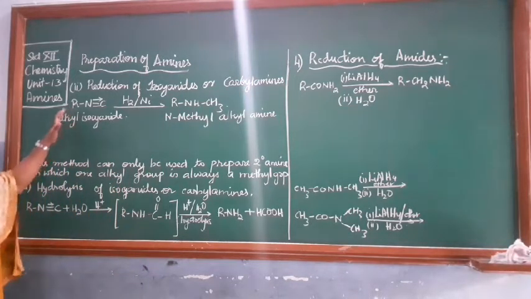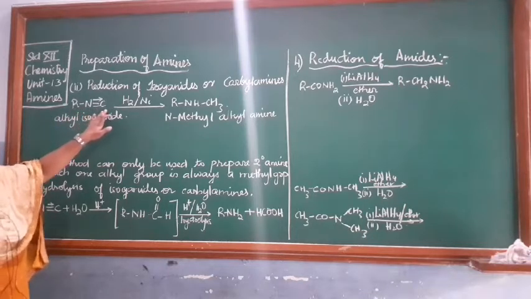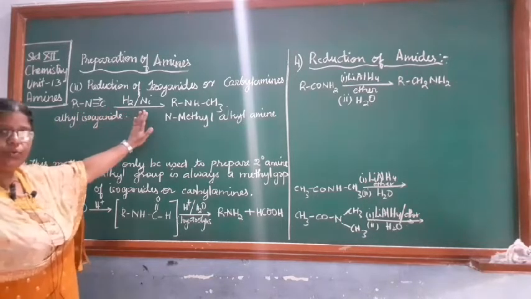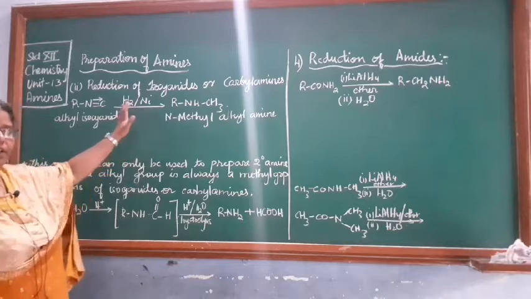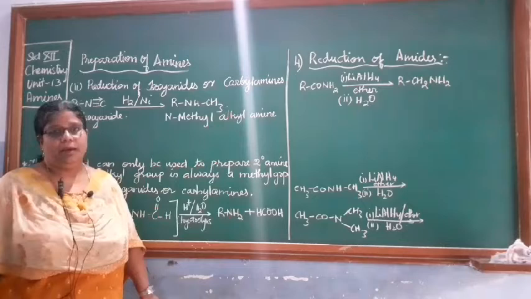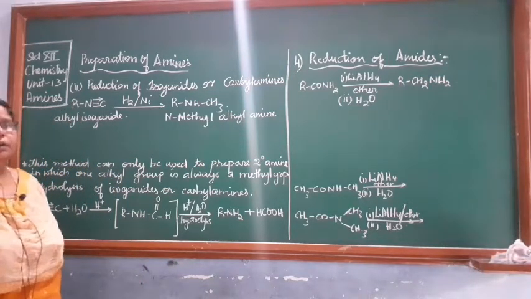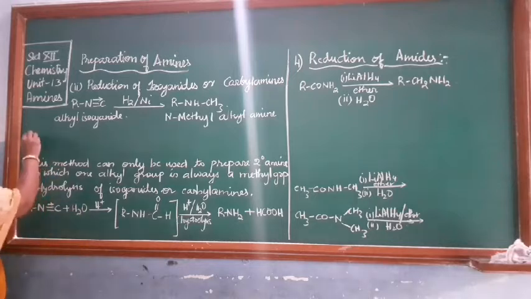Isocyanides we represent by, this is the alkyl isocyanide, that is R-N triple bond C. Okay. With H2 Ni, catalytic reduction takes place to give you N-methyl alkyl amine. Okay. So we'll give one equation.